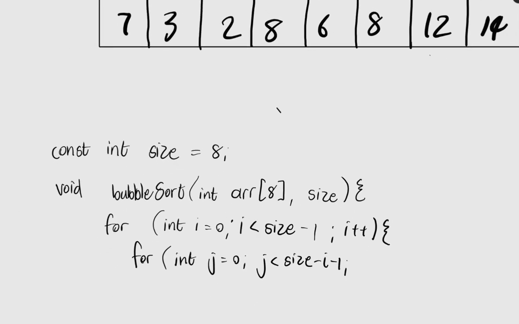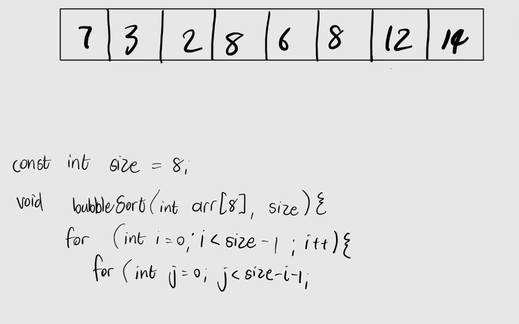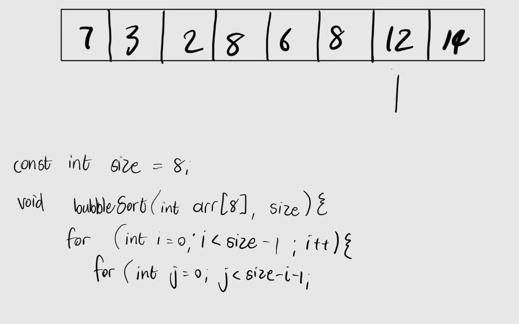The reason we say size - i - 1 is that's what allows us to get that effect of it stopping here, then stopping here, then stopping here, on each iteration. Nothing is considered sorted at first, then this one's considered sorted, then this one, then this one, and then those.